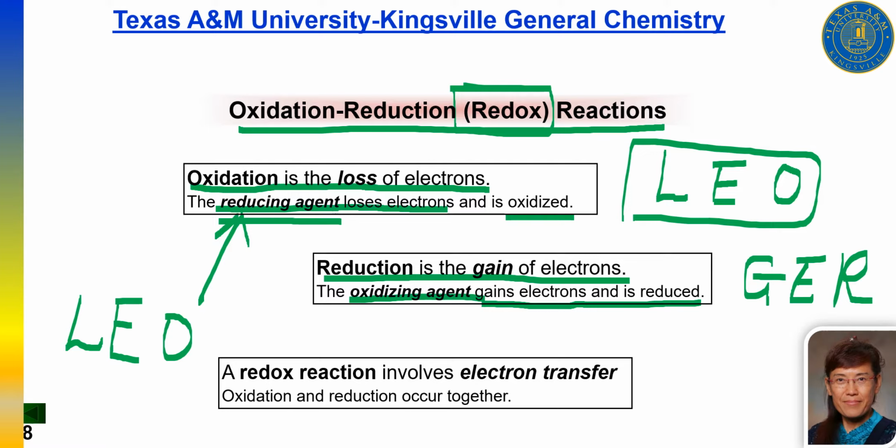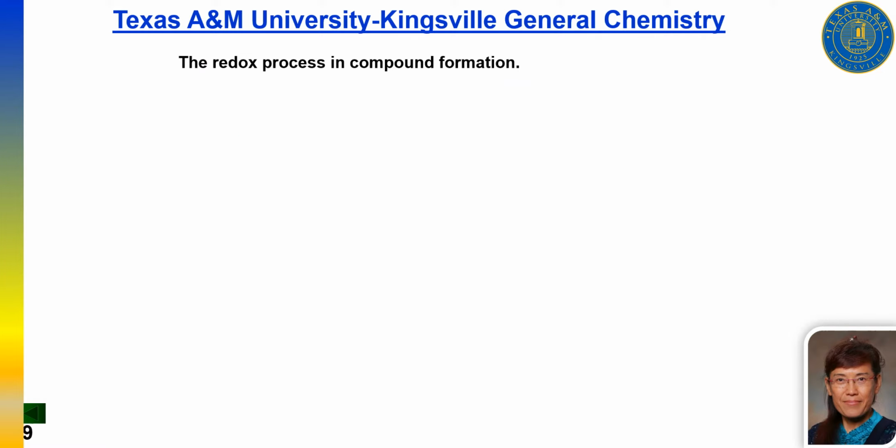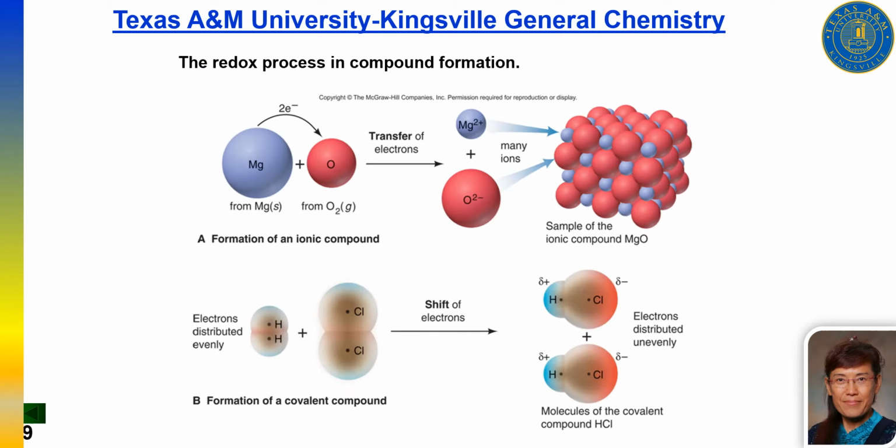In terms of electron loss and electron gain, you need to know the total number of electrons. Your redox reaction involves electron transfer, loss, and gain, meaning oxidation and reduction reaction occurs simultaneously. If one substance gains electron, another one must lose electron.